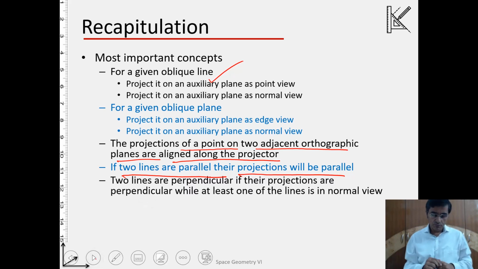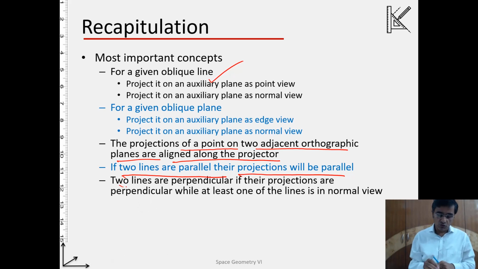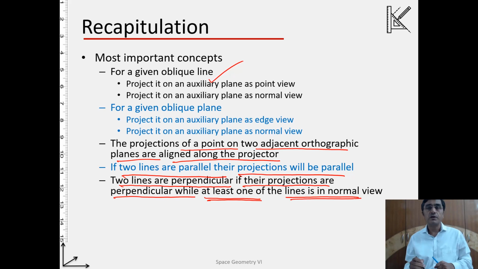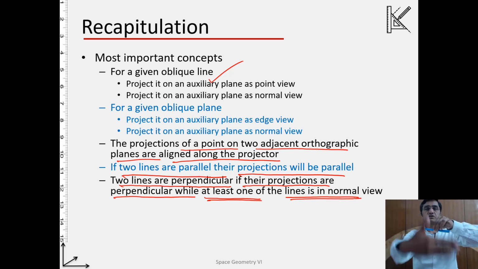Then we saw that two lines are perpendicular if their projections are perpendicular while at least one of the lines is in normal view. This is one line, and that is the other line. Right now both these lines are parallel to the frontal plane, so you will see both lines in normal view, and this is a 90-degree angle, so in the projection also they will form a 90-degree angle.